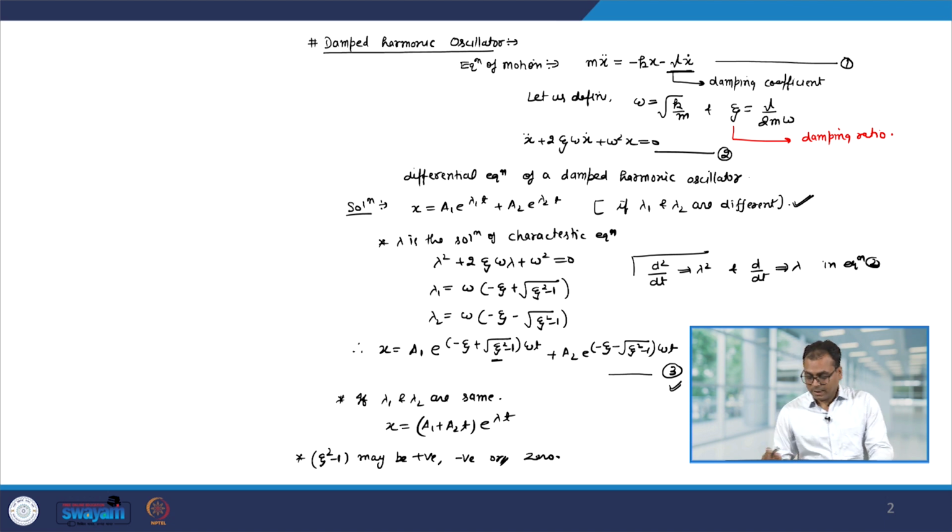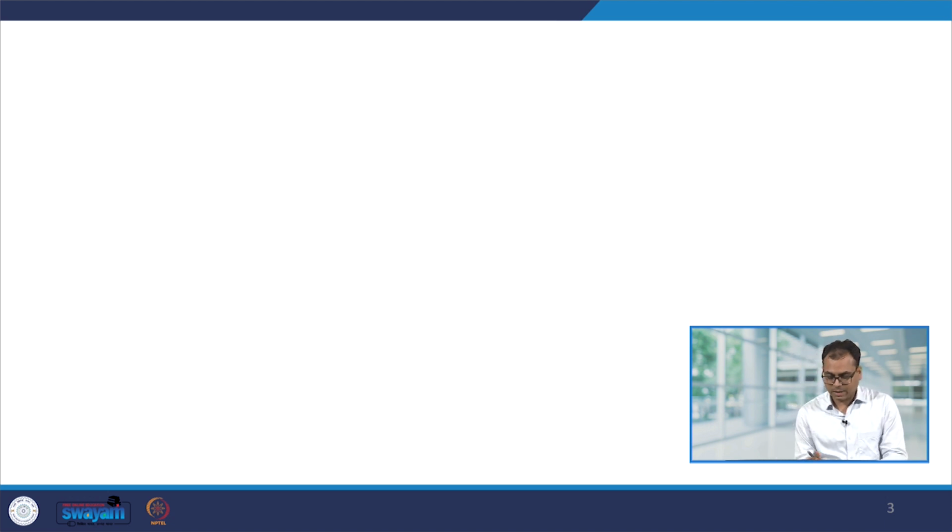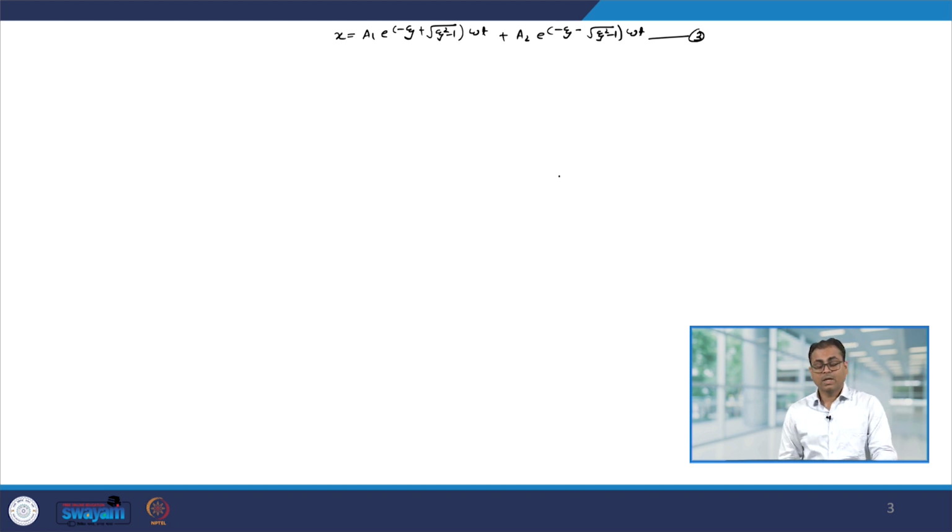Let me write down equation number 3 once again. We had x equal to a1 e to the power minus zeta plus square root zeta square minus 1 omega t plus a2 e to the power minus zeta minus square root zeta square minus 1 omega t. Now, let us look at the case when zeta is more than 1.